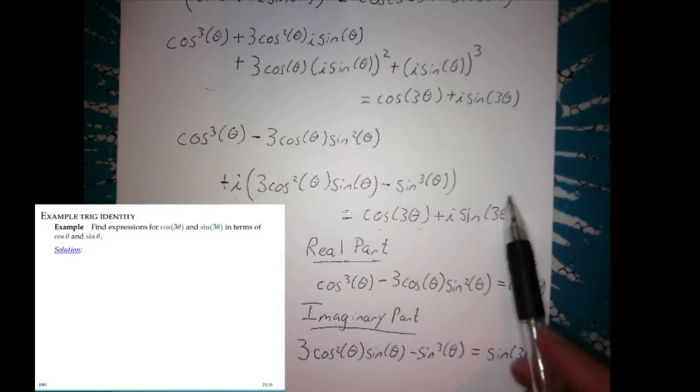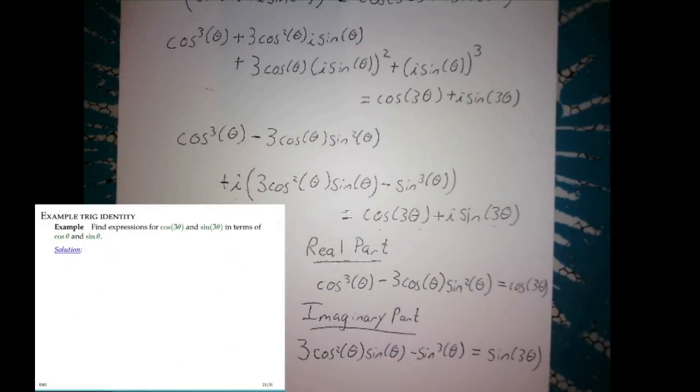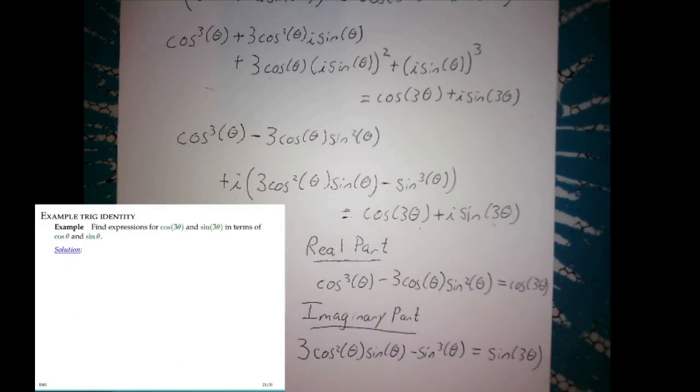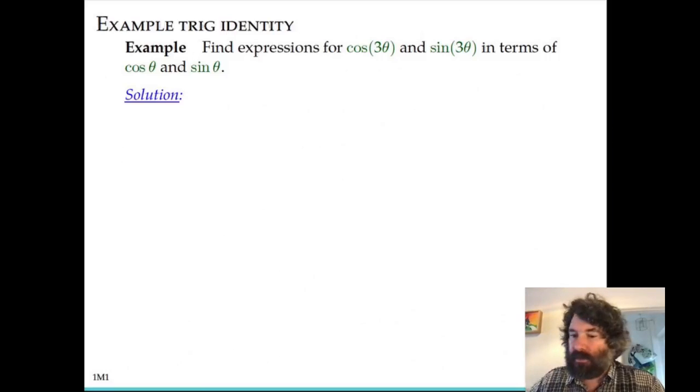All right, so that's the imaginary part on the right and the imaginary part on the left. Okay, so this is how we can use Euler's formula in order to find trig identities. All right, now let's continue on.